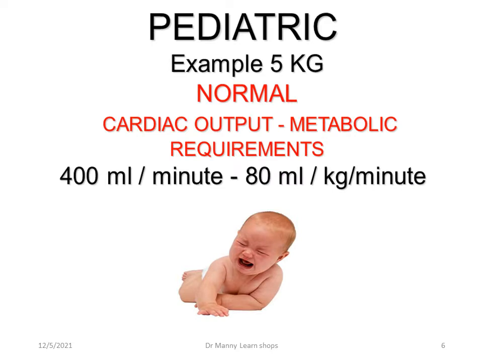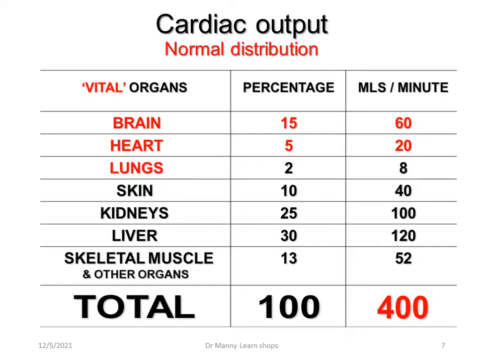Now, in an example, a pediatric that weighs, let's say, 5 kilograms has a normal cardiac output to meet metabolic requirements of about 400 mils per minute, which means 80 mils per kg. If we look at the normal distribution of that cardiac output, the brain receives 60 mils per minute, that's 15%.